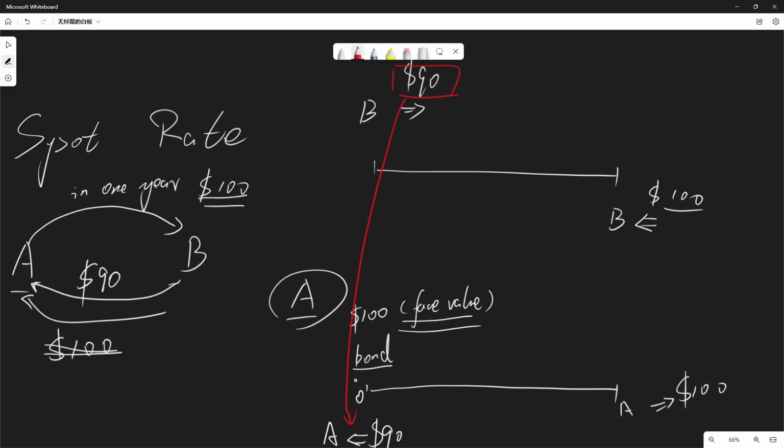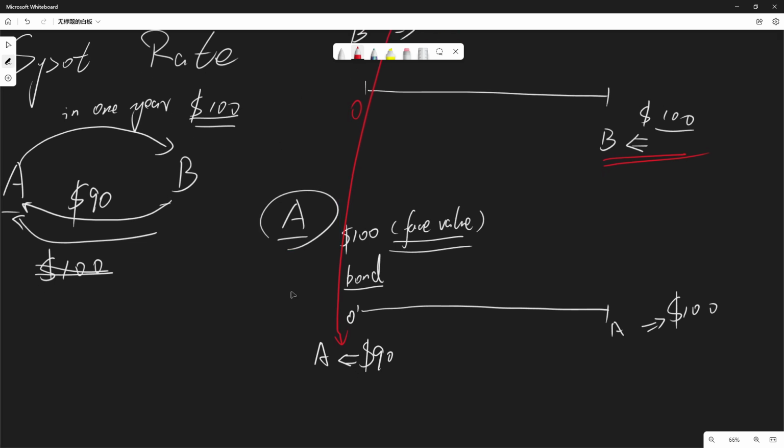B buys a certain amount of bond, B enters into an investment. B pays $90 at time 0, and B receives $100 in 1 year. And from the perspective of A, A issues a face value $100 bond at time 0, but only gets the $90 that B invested.